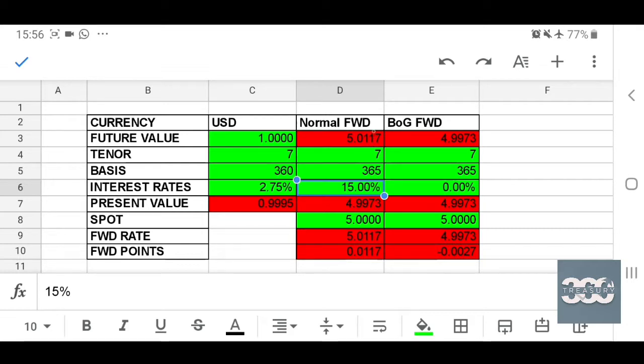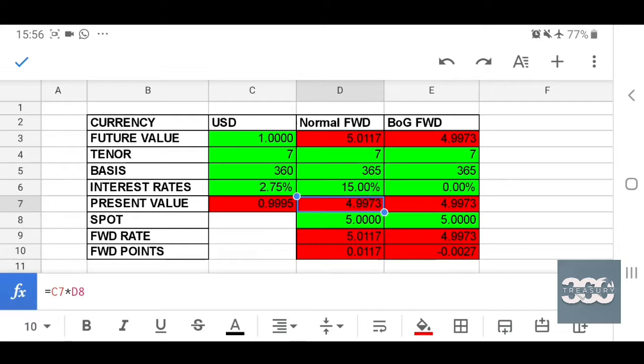We also have 4.9973, which is a multiplication of the present value of the $1 we seek in 7 days and the spot price, which is D8. This gives us how much cedi we need to acquire today.